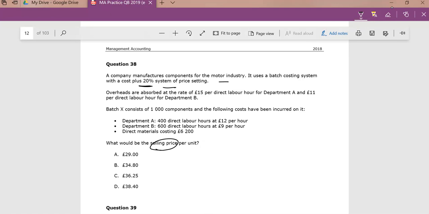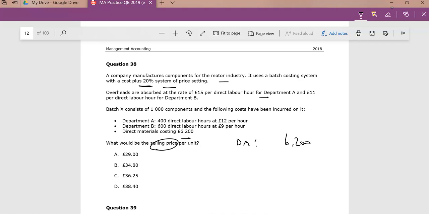So what are we doing? Overheads are absorbed at £15 per direct labor hour for Department A, and £11 for Department B. Okay, great, at least we know. Department A, in terms of direct materials, is 6,200, so you spend £6,200 on making this thing.